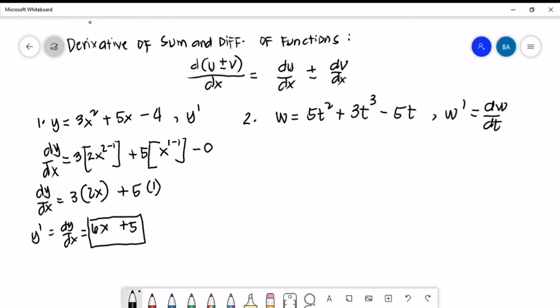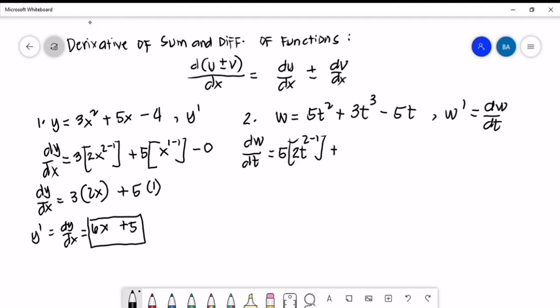In order to solve this, we only need to derive them separately. For the derivative of w with respect to t, in the first term, let's separate the 5 and then derive the t raised to 2. Bring down the exponent 2, copy the t, and then 2 minus 1.